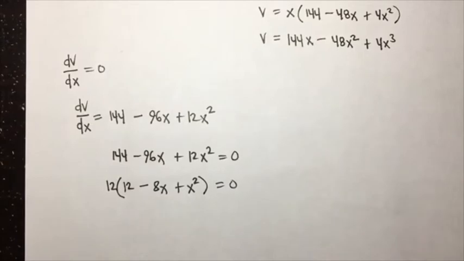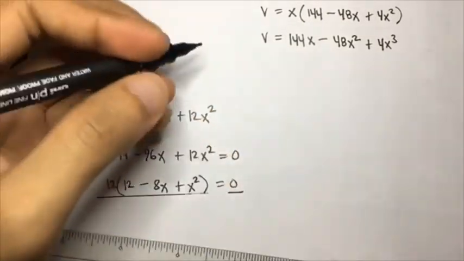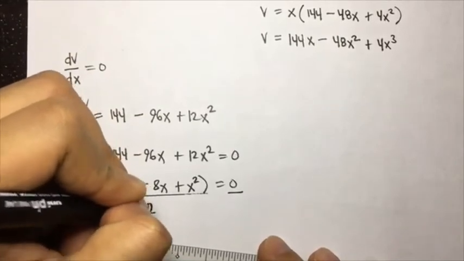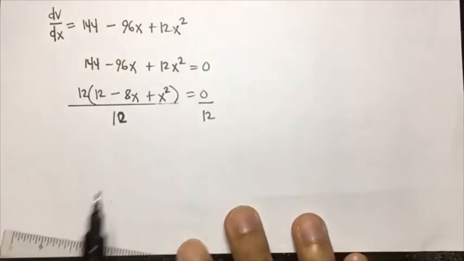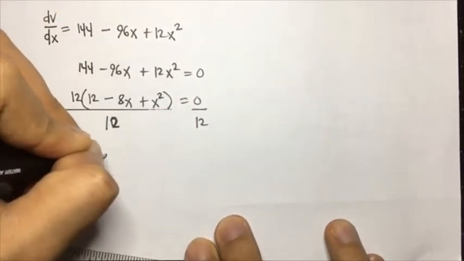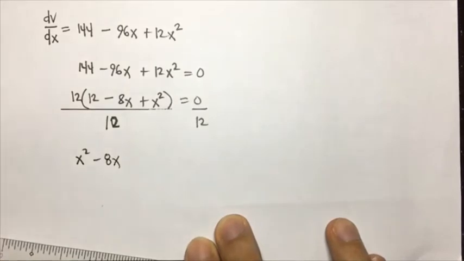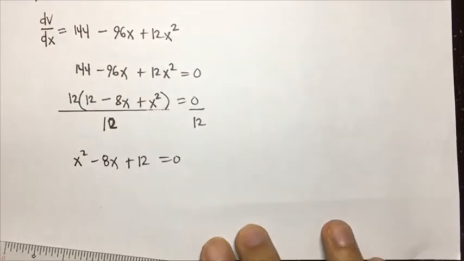Dividing both sides by 12 and then rearranging, we want to write x squared first, so x squared minus 8x plus 12 is equal to 0.